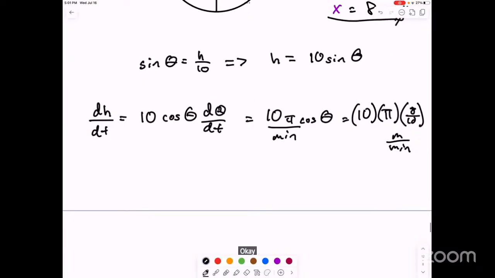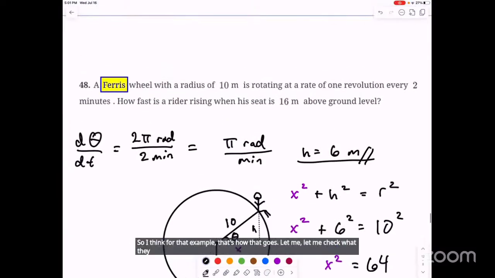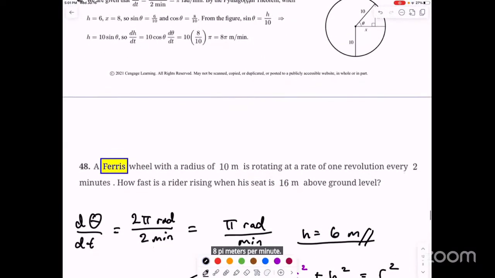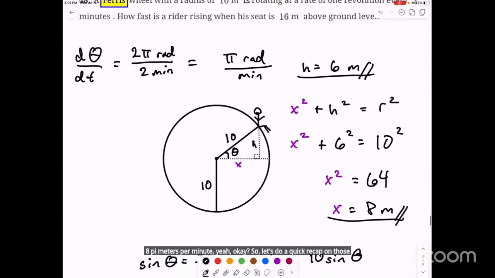Okay. So then that's 8 pi meters per minute. So I think for that example, that's how that goes. Let me check what they have. 8 pi meters per minute. Yeah. Okay. So let's do a quick recap on those components.